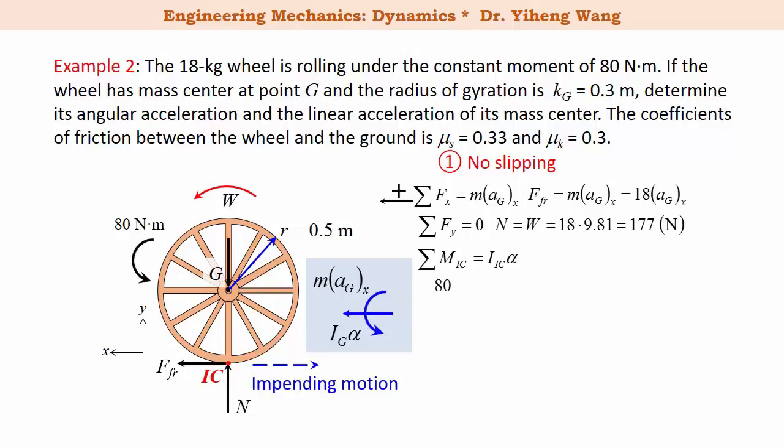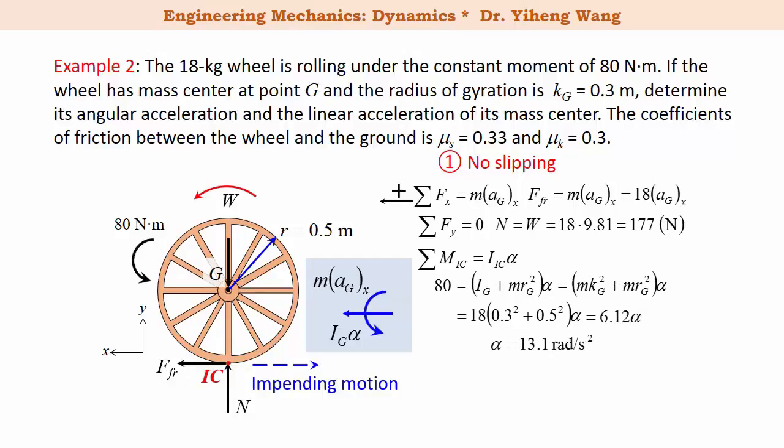There's only the 80 Newton meter couple moment in this equation, and IIC can be determined through the parallel axis theorem again. Ig is determined through the radius of gyration. Therefore, from this equation, we substitute in all the known parameters, and we can solve for alpha to be 13.1 radian per second squared.